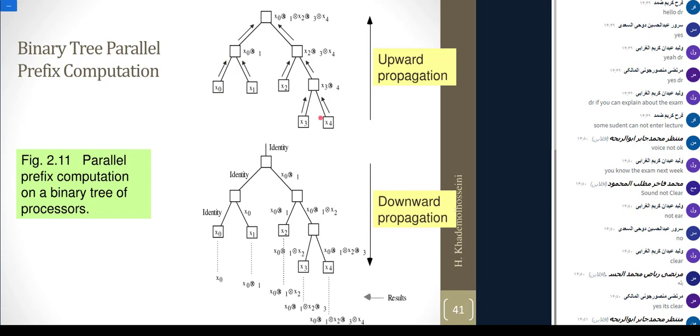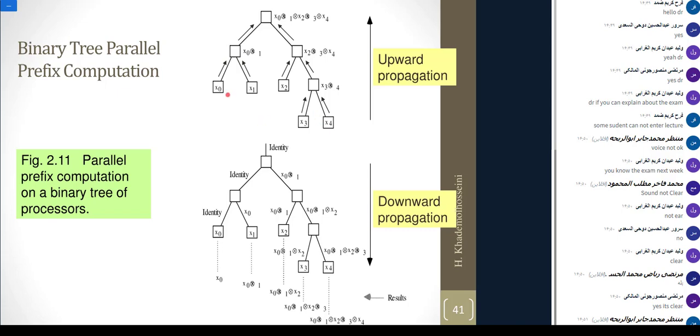So the nodes have the initial values x0, x1, x2, x3, x4. At each step, the leaf nodes combine with each other, and then the result is sent to the parent.